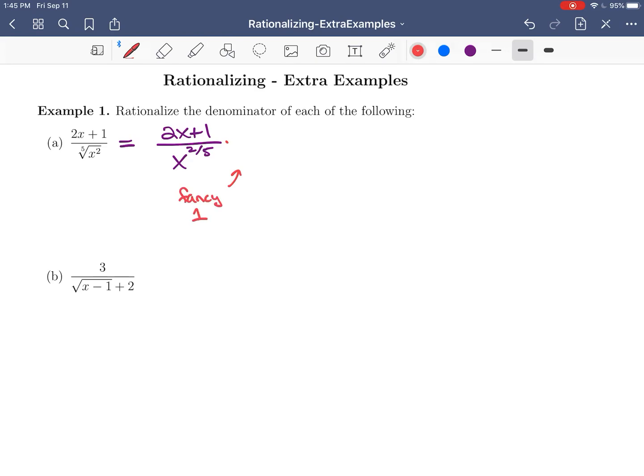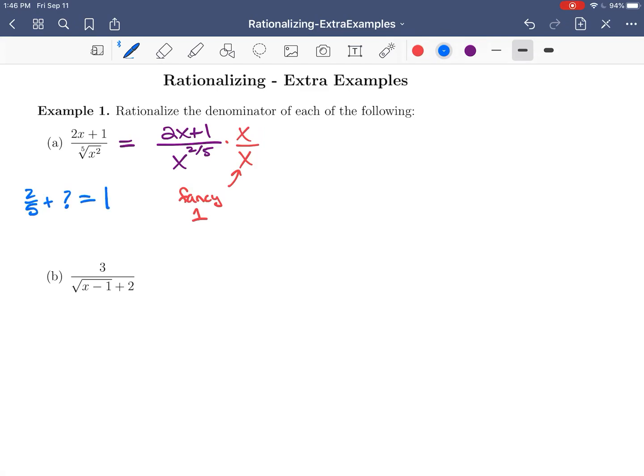Now our fancy 1 should be x to some power, because I want to multiply these together so that these powers sort of make an integer, essentially. When we multiply with the same base, the x's, we add the exponents. So that means that we want 2/5 plus something to equal an integer.